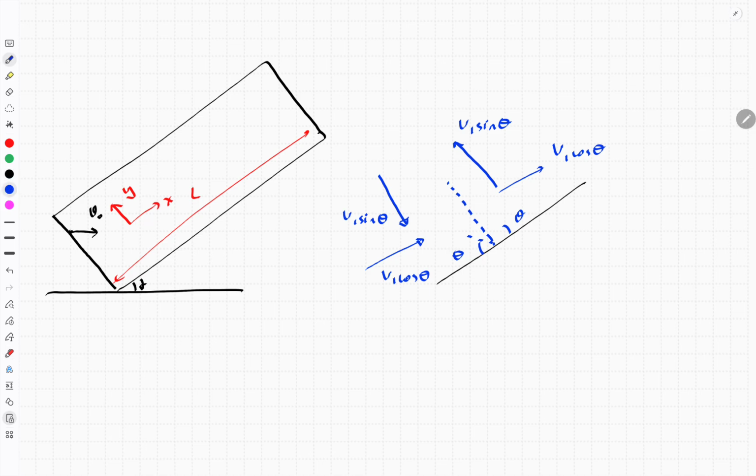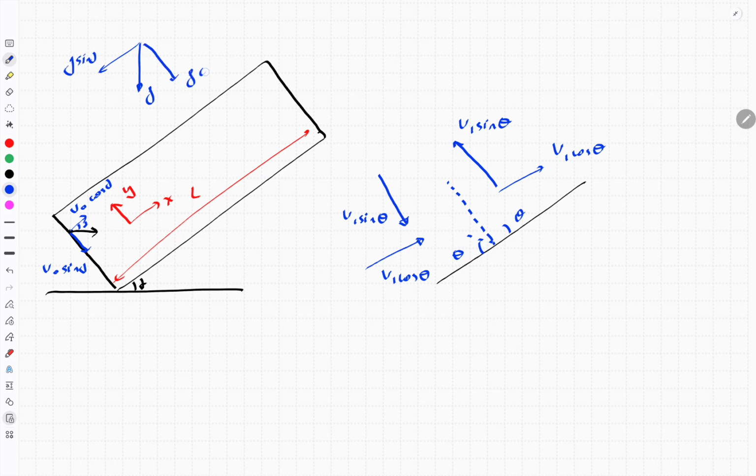Here is alpha, so in this direction we have v0 cosine alpha. In this direction we have a velocity v0 sine alpha. And we have gravity downward, so let's write it in terms of components. In the x direction, g sine alpha, and in this direction we have g cosine alpha.